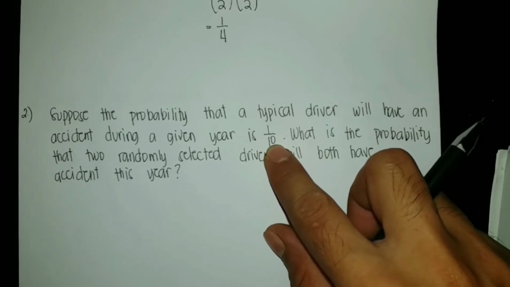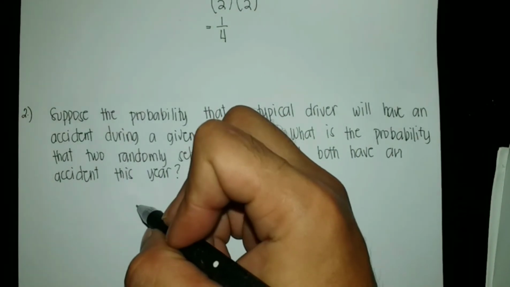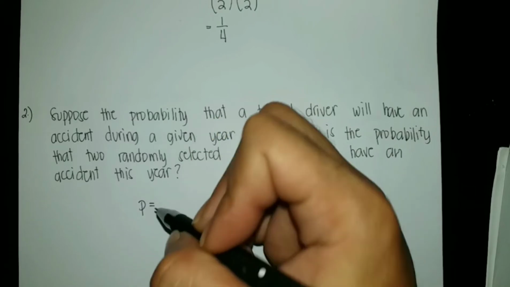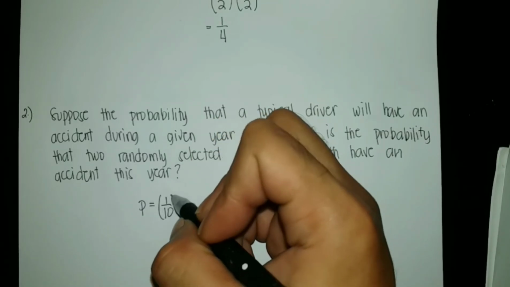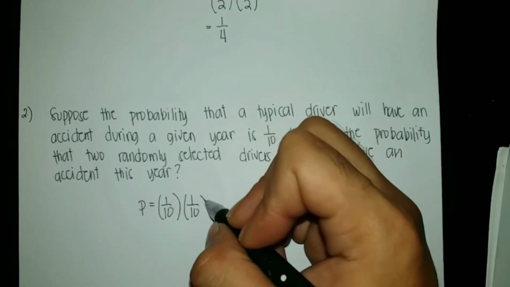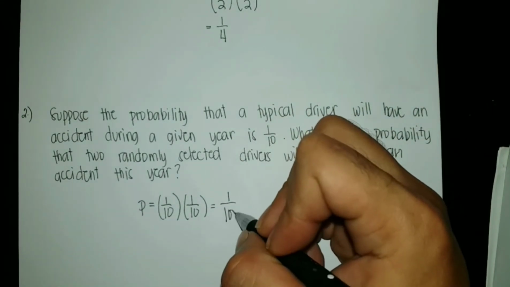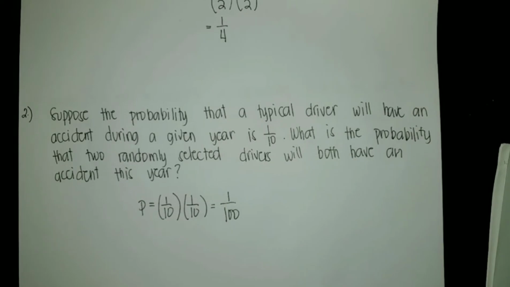So computing now, the probability is equal to 1/10 times another driver which has a probability of 1/10. Multiplying now, that will be 1/100. So the probability that two randomly selected drivers will both have an accident this year is 1/100. That is the multiplication rule.